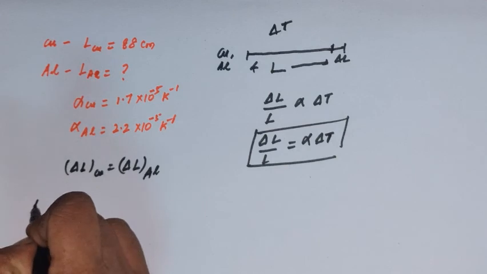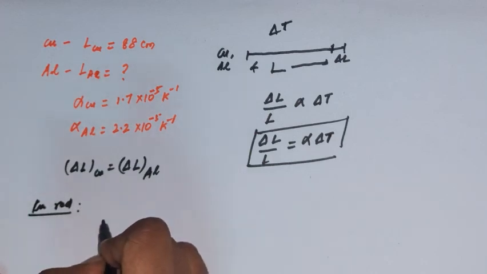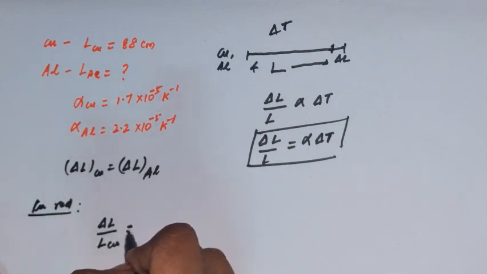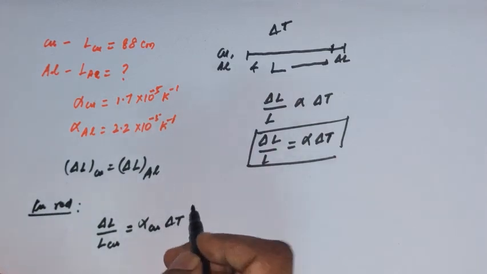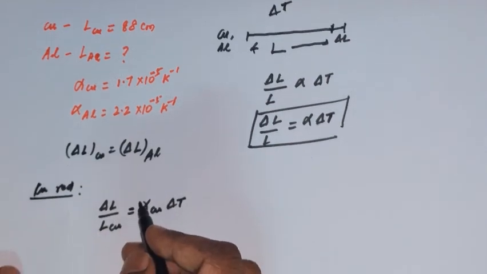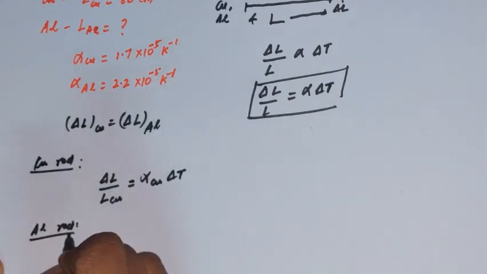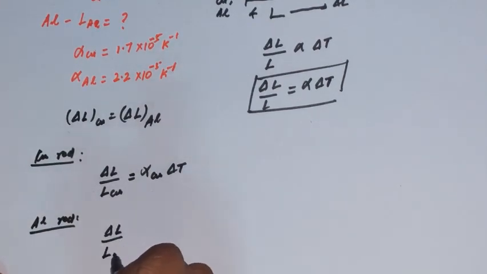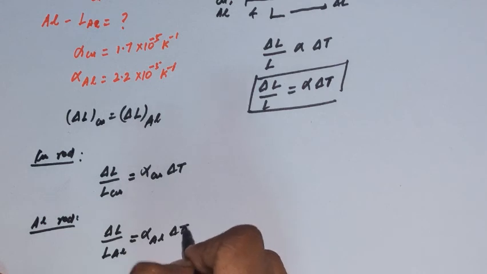For the copper rod, the change in length divided by the original length of copper equals the thermal coefficient of copper times the change in temperature, which is equal for both rods. So delta L and delta T are the same. Next, for the aluminum rod, delta L divided by the length of aluminum equals alpha aluminum times delta T.